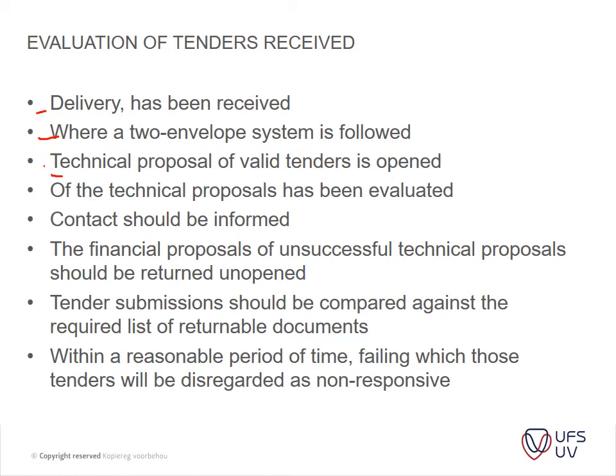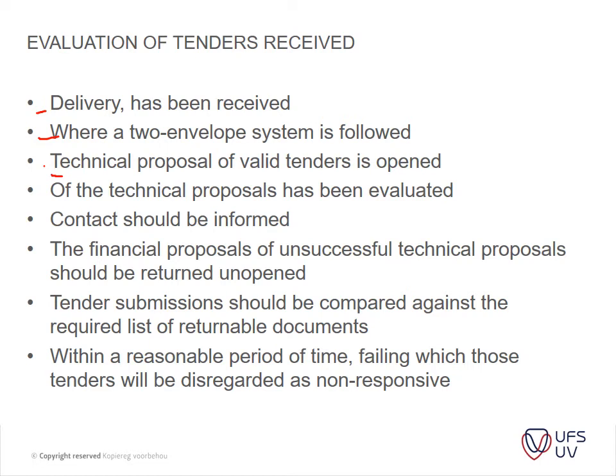After the technical proposals have been evaluated, then only the second document is opened. So in the two envelope system the tenderer submits two documents. Only the one is opened for the technical details. If the contractor meets all the requirements, then the second one with the price is actually opened and evaluated further.